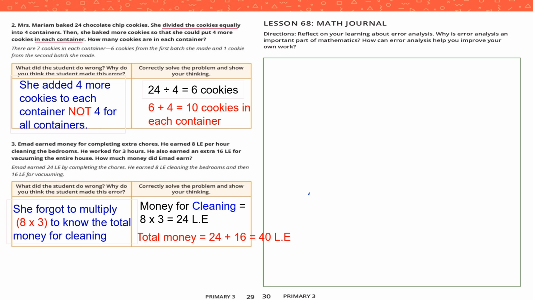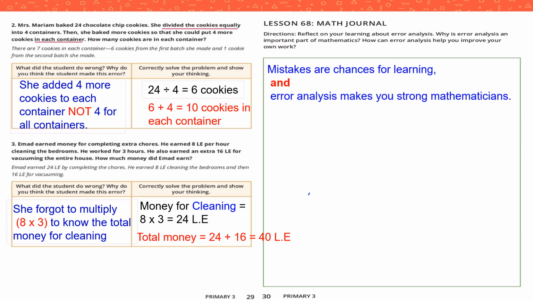In our math journal: reflect on your learning about error analysis. Why is error analysis an important part of mathematics? How can error analysis help you to improve your work? When I have a story problem like this and I read the wrong answer, I want to analyze it.